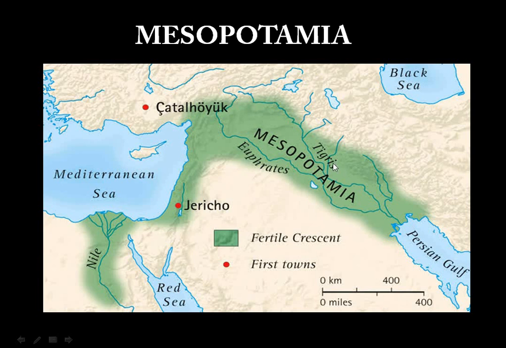And between these two rivers, Mesopotamia is situated. These two rivers mainly flow through Turkey, Syria, and Iraq. Ancient Mesopotamia had great cities like Uruk, Nippur, etc. These cities were home to very prosperous cultures.